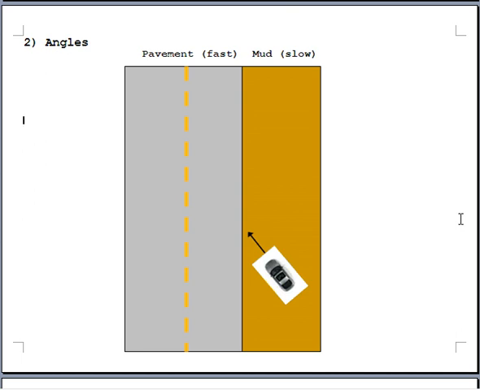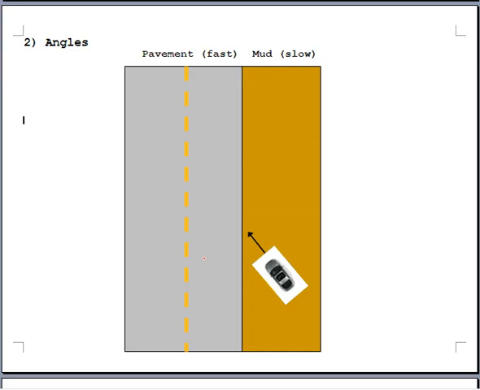But before we get too crazy, I'm going to go back to this analogy with the car pulling off the pavement into the mud. You may recall that last video we used this same analogy. We said, if you're a car traveling on the pavement and you receive a cell phone call and you want to pull off to the side of the road, as you're leaving the pavement, which is fast, the right hand side of your car hits that slow mud.